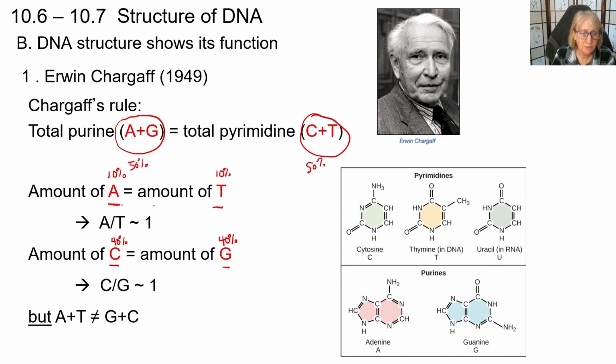The amount, 50 and 50 here, 50% purines, 50% pyrimidines, but the A's are equal to the T's, adenine is equal to thymine, and cytosine is equal to guanine.